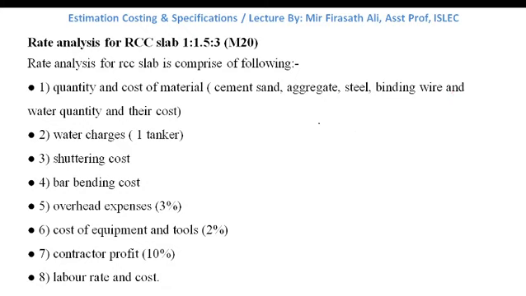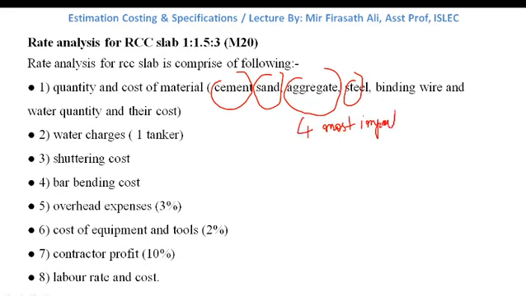The most important materials used as resources for an RCC, reinforced concrete slab, are cement, sand, aggregate and steel. These four are the most important, and their quantity and cost very much influence the rate analysis of the slab.